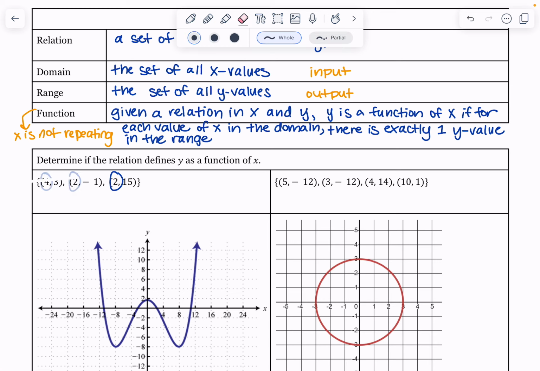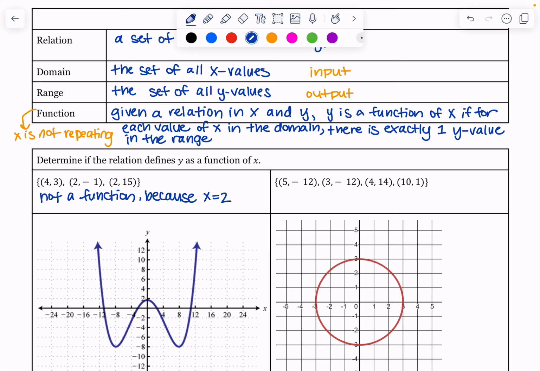So this one is not a function, because X equals 2 goes to multiple Y values. You can see above that 2 goes to -1 and 2 goes to 5. That's not going to be a function.